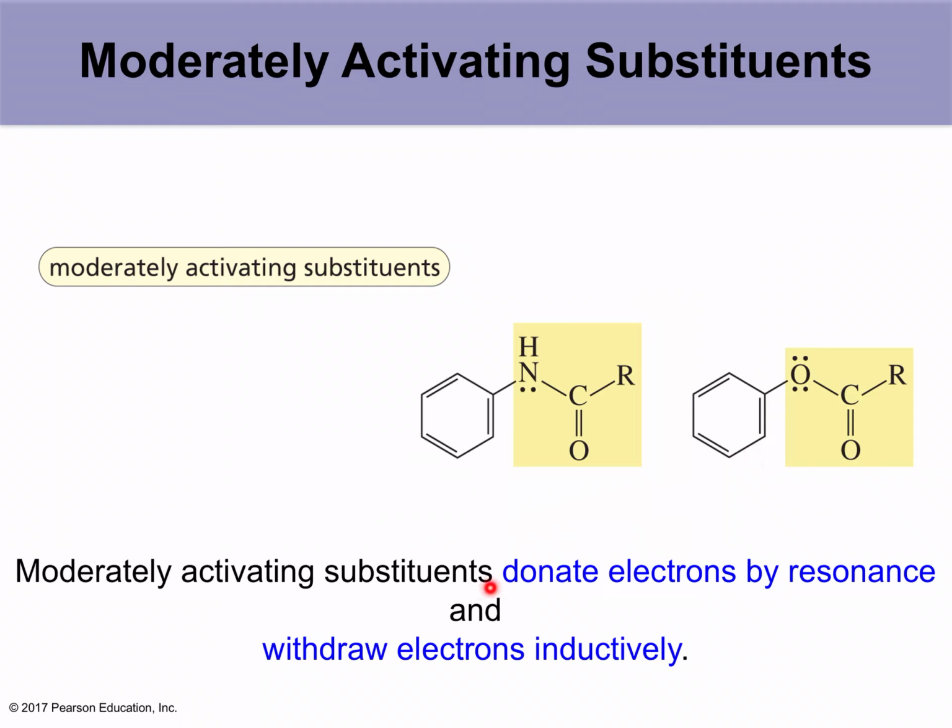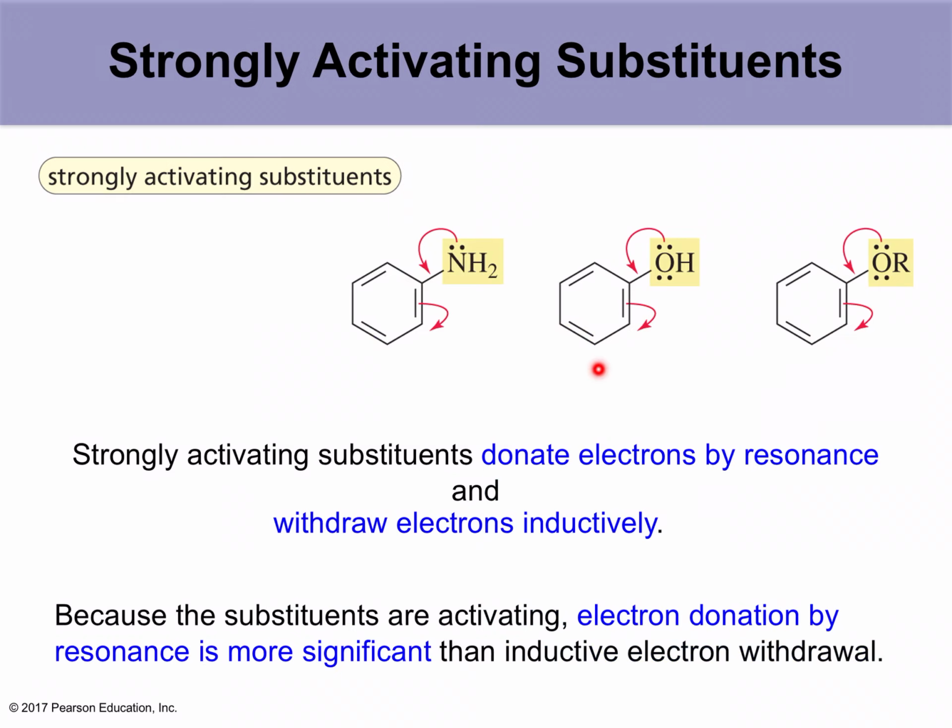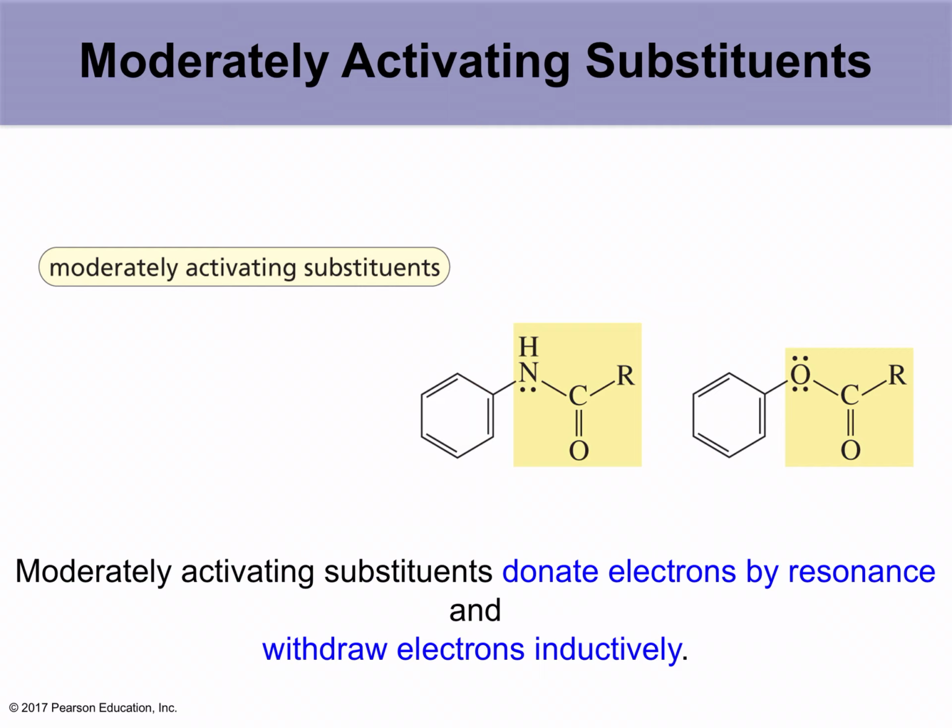Moderately activating substituents donate electrons by resonance and withdraw electrons inductively. These lone pairs on the oxygen can also participate in resonance similar to what they did over here. But they are moderately activating because this lone pair is also busy making resonance with these carbonyl groups.